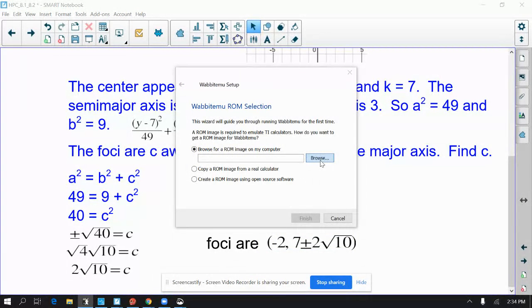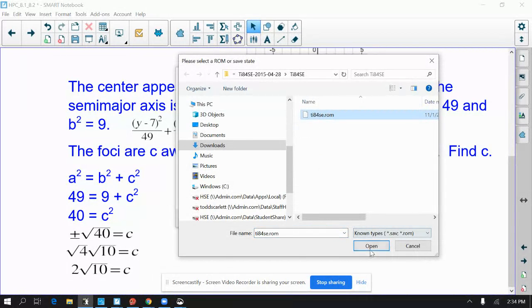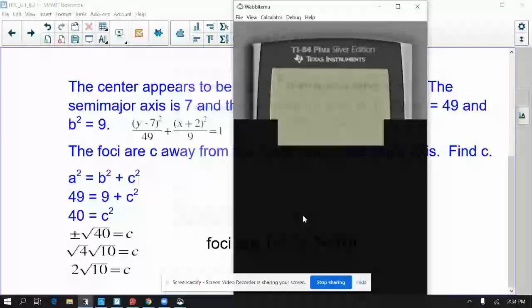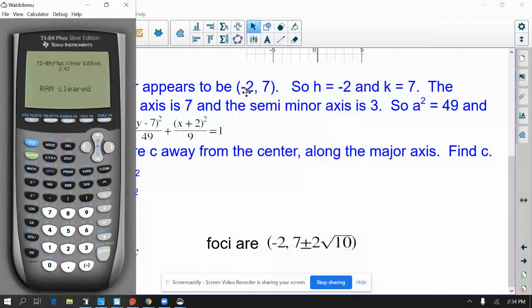So hold on a second. Okay, so 2 rad 10. 2 times rad 10 is about 6.3. So I need to go 7 plus 6.3, so about 13.3, and then 7 minus 6.3, so about 0.7.